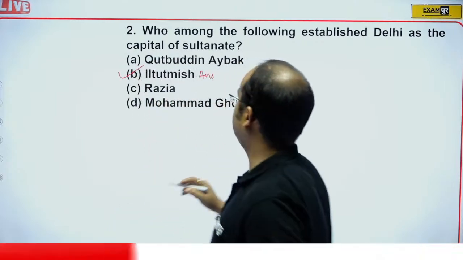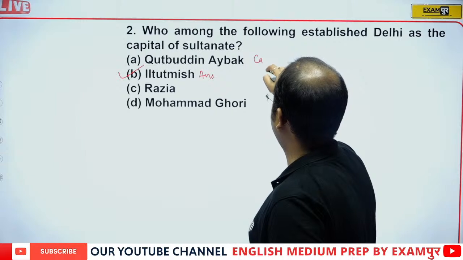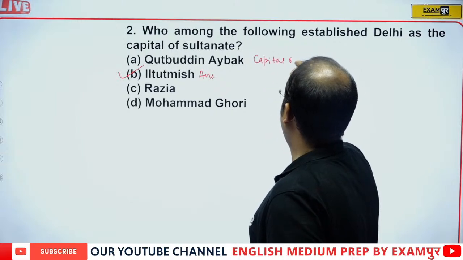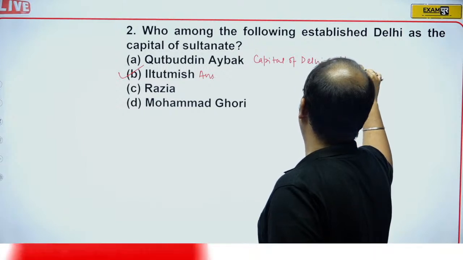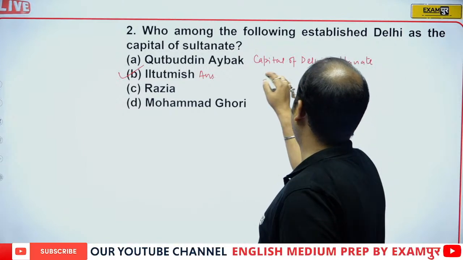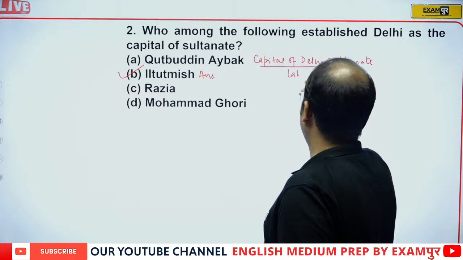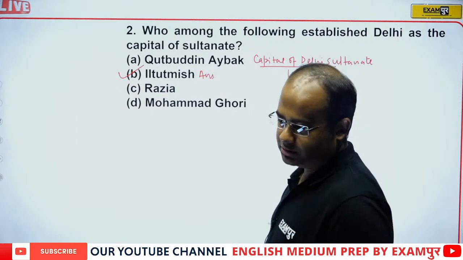Because during the time of Kutubuddin Aibak, the capital of Delhi Sultanate was Lahore.